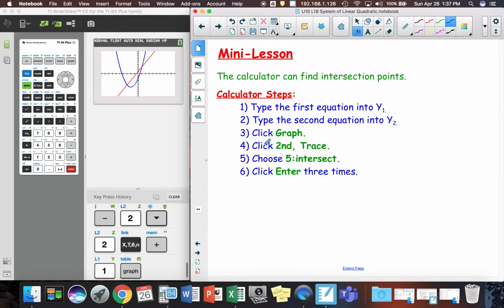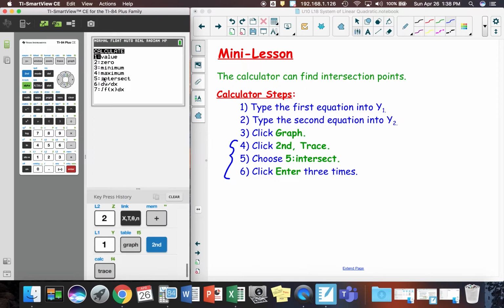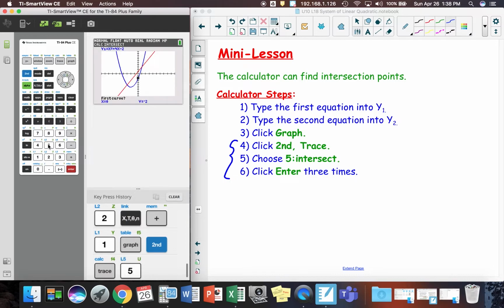Now, in order to figure out where they intersect, from steps 4 to 6, we can do all of that on the calculator. You're going to press second and trace. We're going to calculate something. So we want to calculate where they intersect, so we're going to choose 5. You can scroll down or just press 5. And then you're going to click enter 3 times.